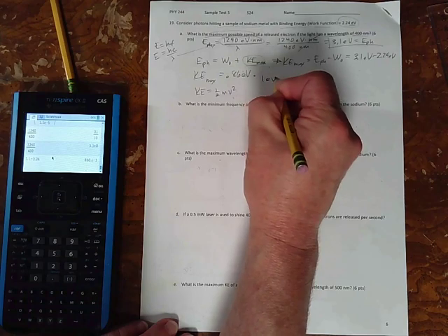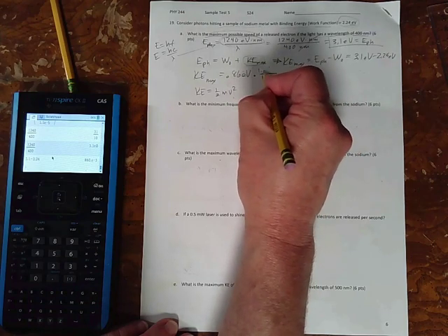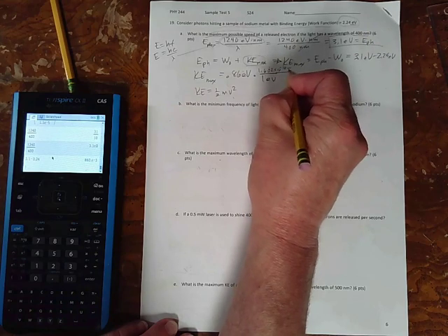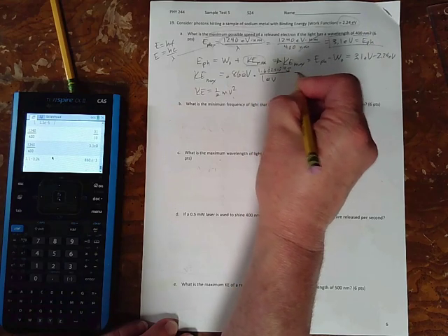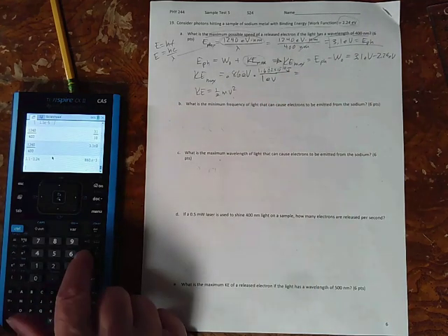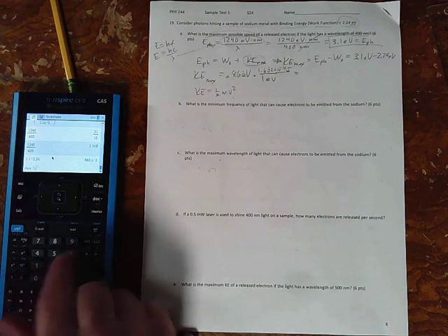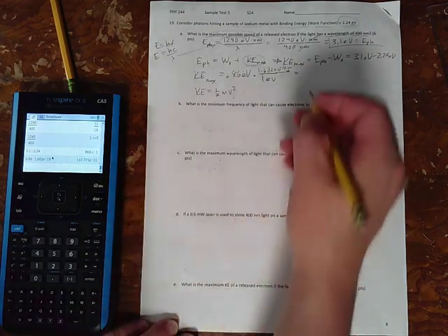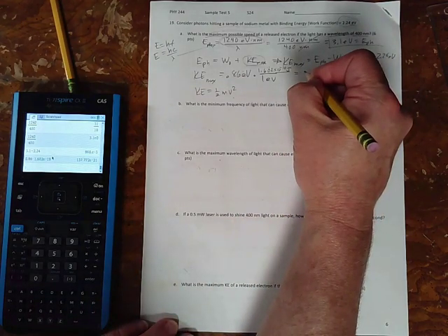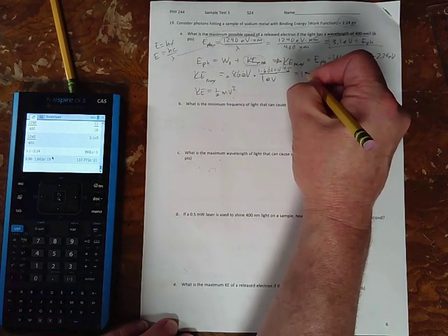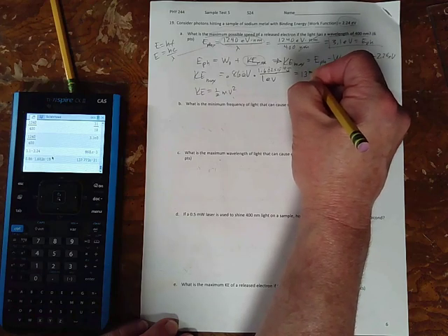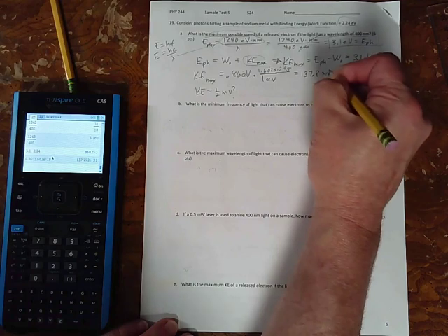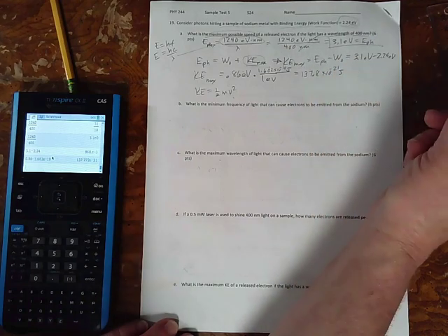So 1 electron volt is 1.602 times 10 to the negative 19 joules. So, yep, got that number times 0.86. We have 137.8, we'll keep a little extra sig fig just for now, times 10 to the negative 22 joules.